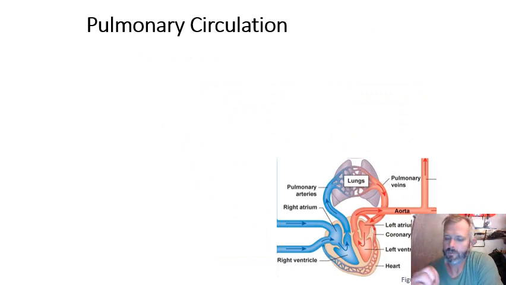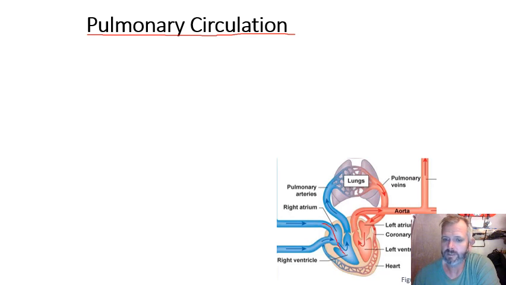All right, before we move into how the gas is circulated throughout the body, let's take a closer look at the pulmonary circulation. We took a quick look at this in cardiac, but pulmonary circulation is basically the right side of the heart.